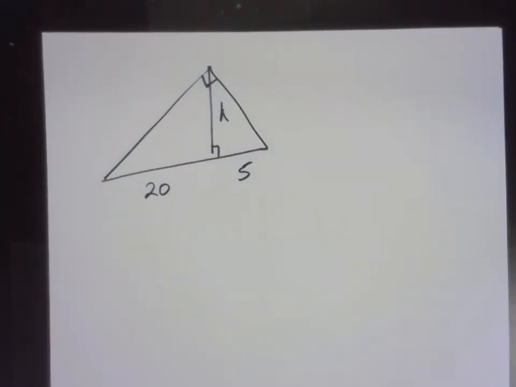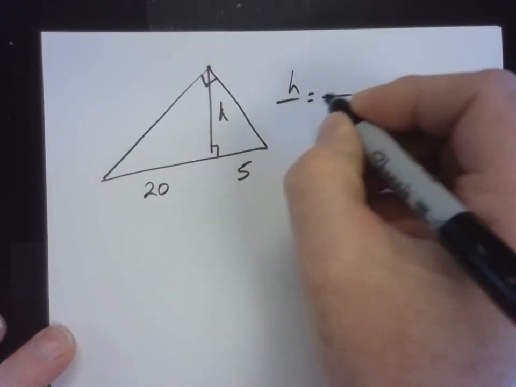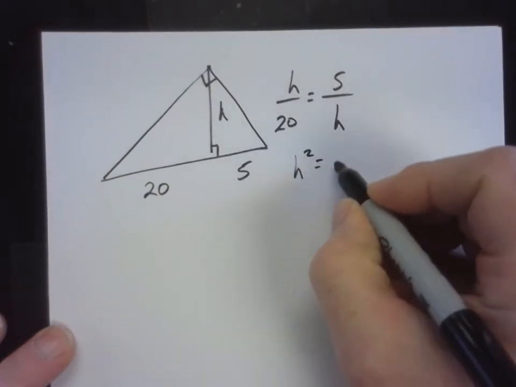Can you find h? Come on, write out the proportion. I hope you're all saying h is the geometric mean of 20 and 5, right? So h squared equals 100.